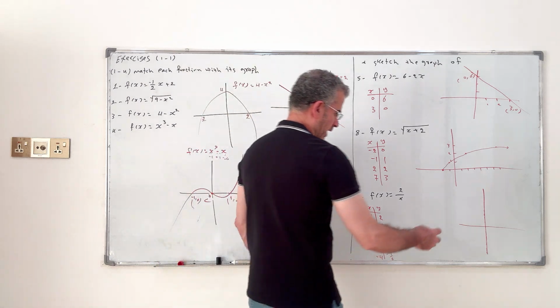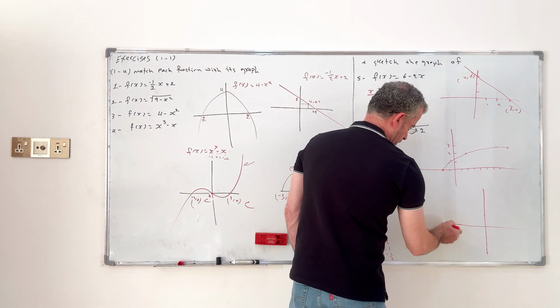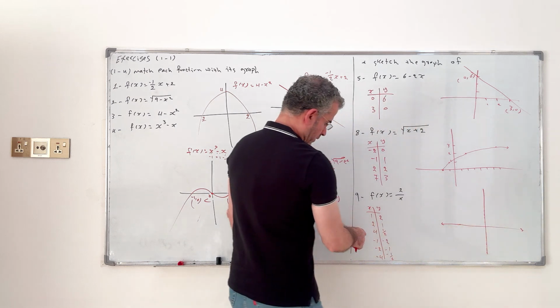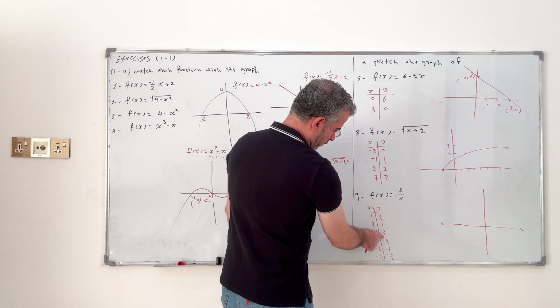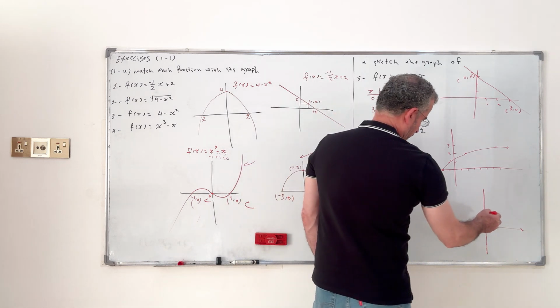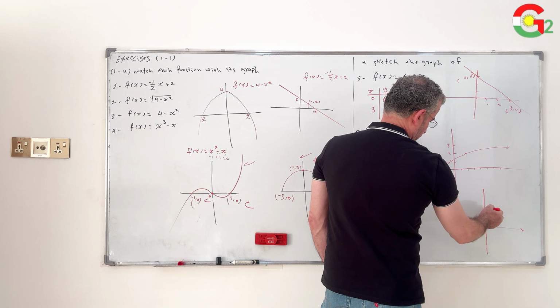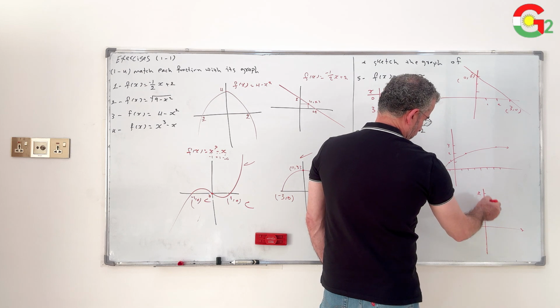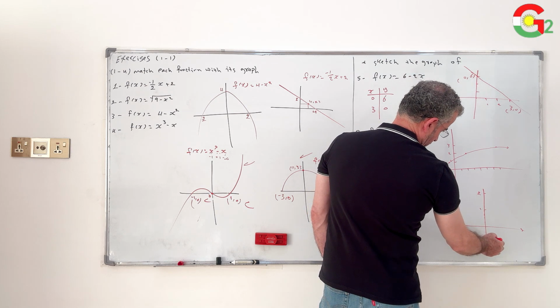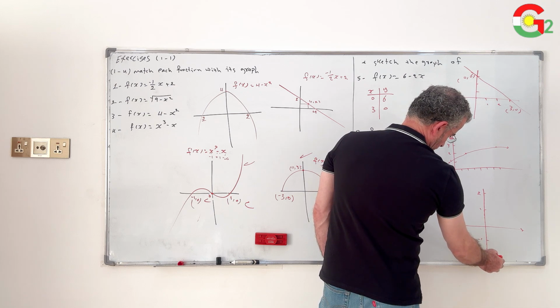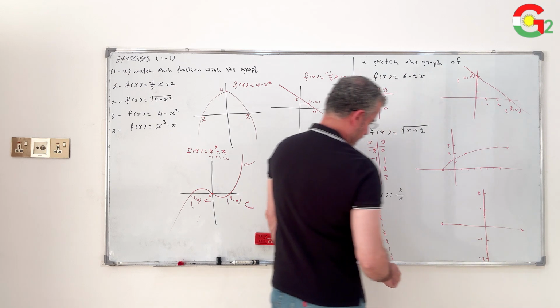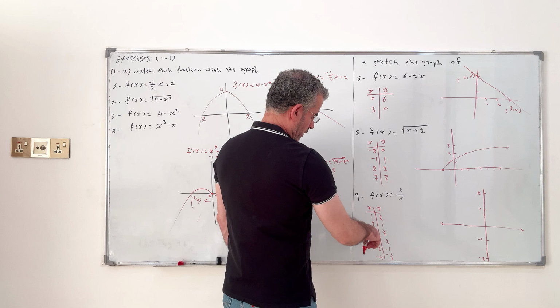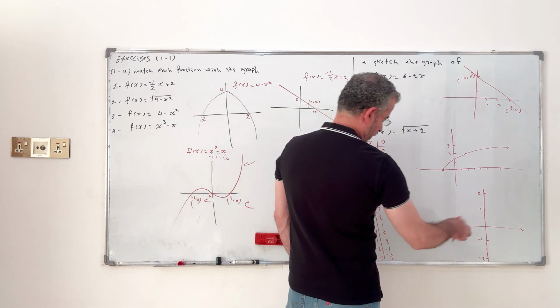Let me divide my axes. Y from negative 2 to 2. 1, 2, negative 1, and negative 2. Half.